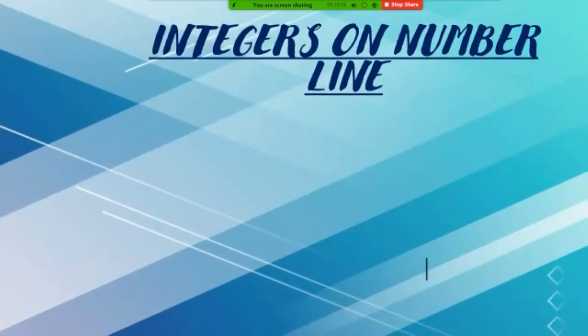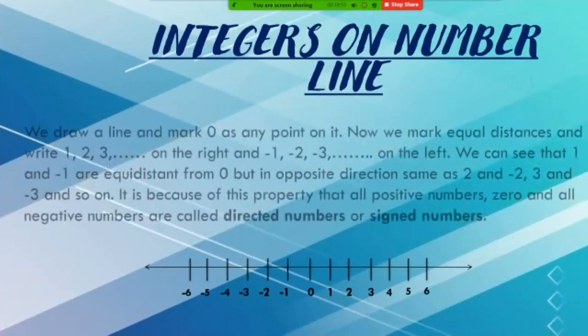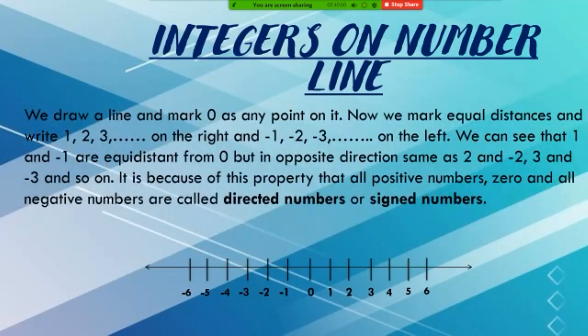Now we'll learn integers on the number line. Here I'll tell you how to make a number line for all the integers. We'll draw a line and mark 0 as the midpoint on it. Now we'll mark equal distances and write 1, 2, 3, etc. on the right, and -1, -2, -3 and so on on the left.